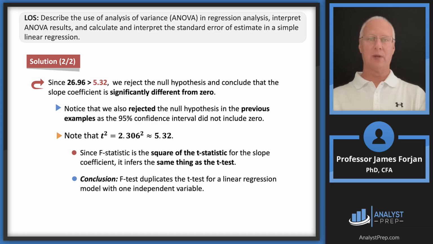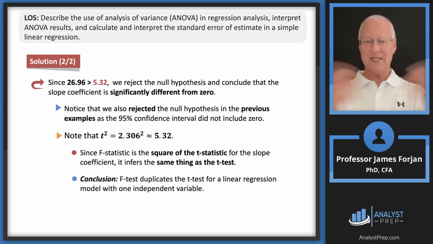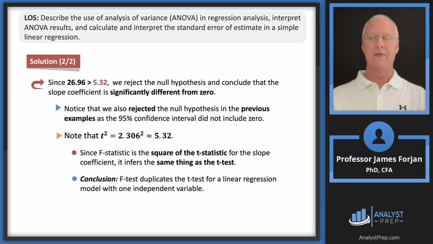This is what we're going to see as we go through the CFA program, that when you have a simple linear regression, you don't have to do both F and T. And the reason for that is, well, look up at the orange arrow point, that the 2.306, if you square that, which we got from our previous slope coefficient test, you get 5.32. So statistically, these things result in the same conclusion. However, the Institute emphasizes F-test, so make sure you can do both here for simple linear regression.